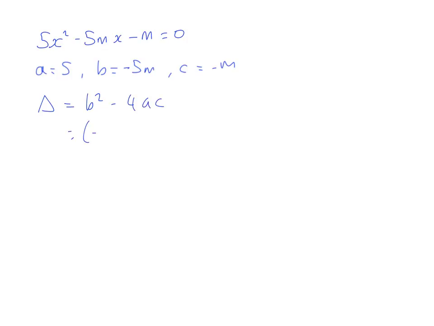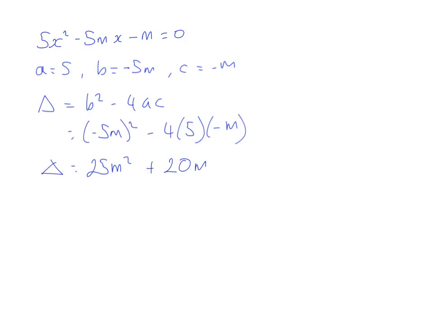So our b squared is minus 5m all squared, minus 4 times 5 times minus m. So we end up getting 25m squared, because minus 5m times minus 5m gives us that. And a minus times a minus is a plus, so that's going to be 20m. So that's what my discriminant equals.